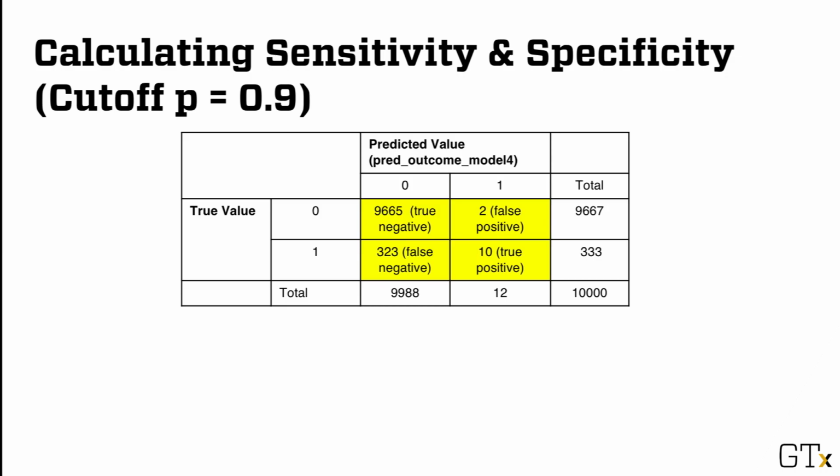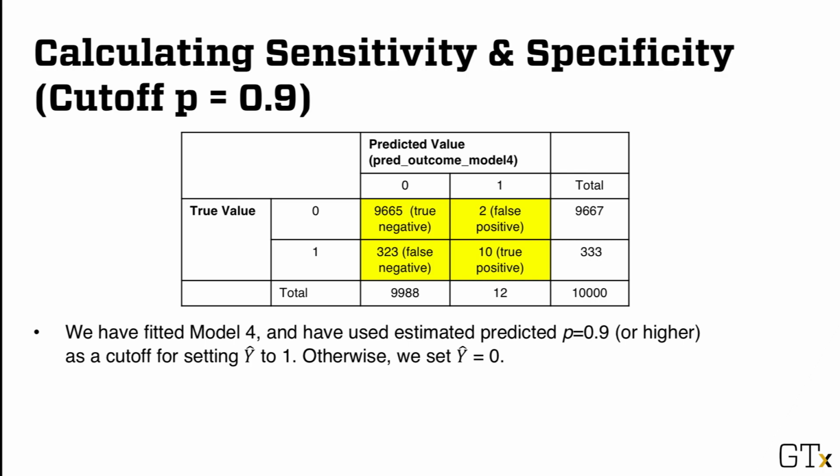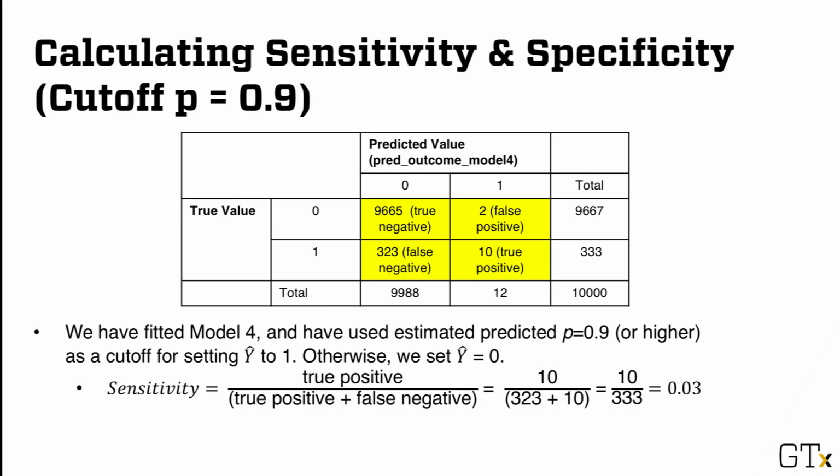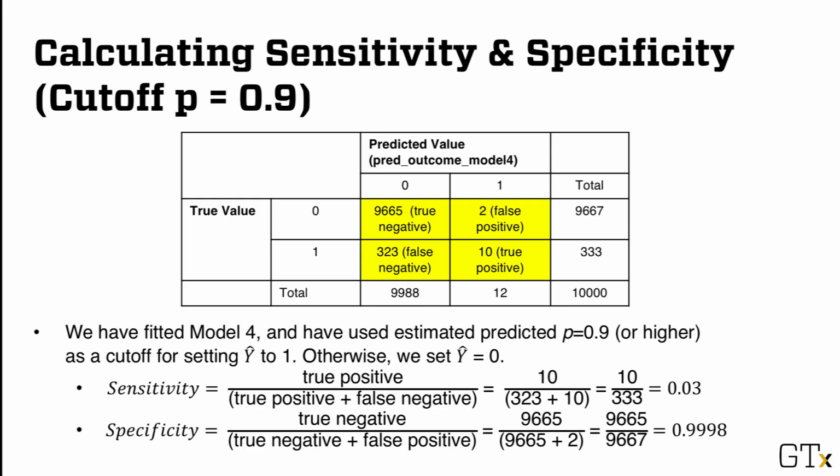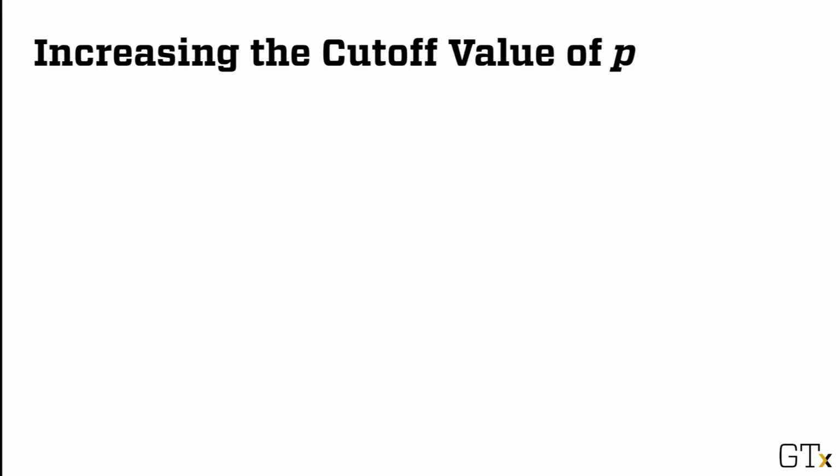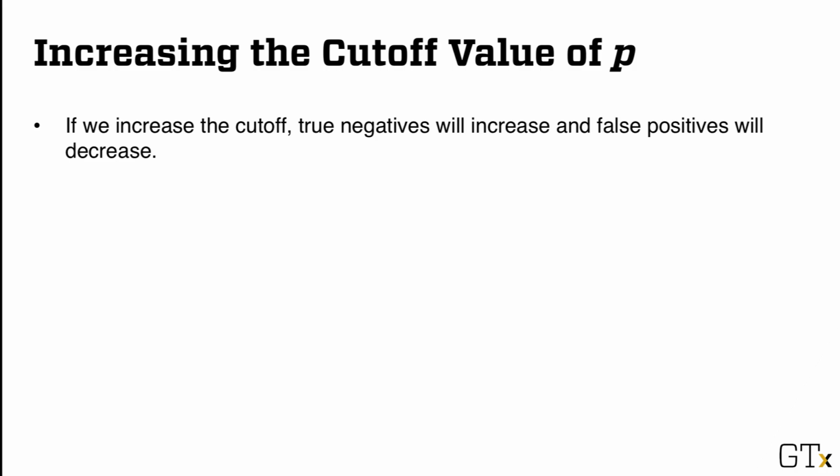I get this set of entries for the confusion matrix, and then the sensitivity here is 10 over 333, or 0.03. That has reduced dramatically, and the specificity has increased to 0.9998. So, if we increase this cutoff, true negatives will increase and false positives will decrease.